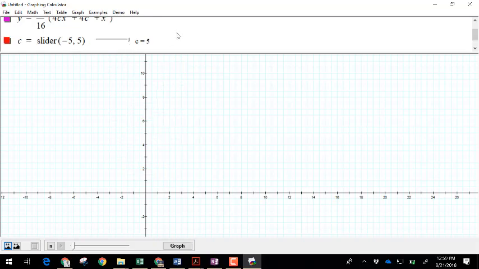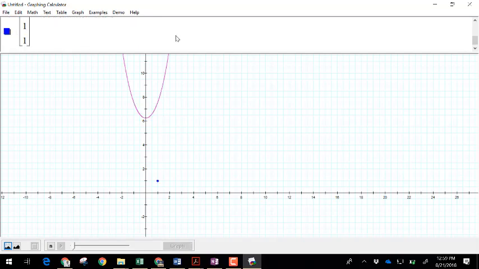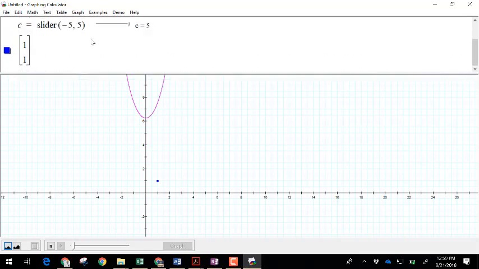Now, for some reason, I want to go through the point 1, 1. Then I need one specific solution. So I would usually be able to solve for the value of c so that I can make my solution actually pass through that point 1, 1.